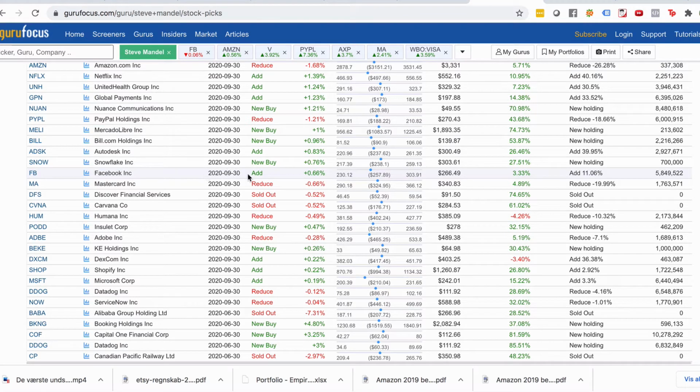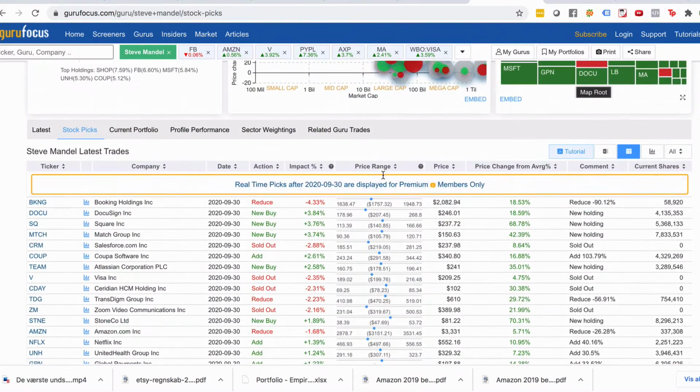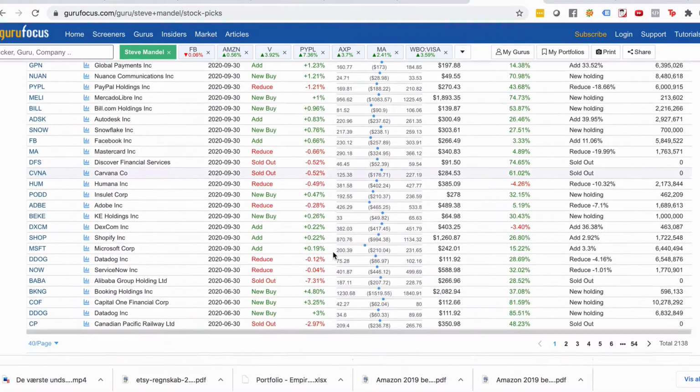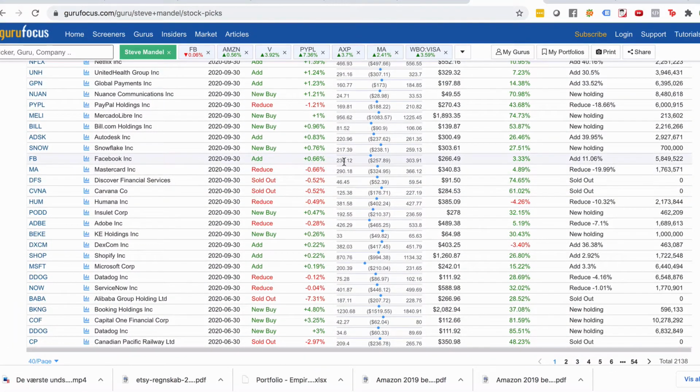So those are his trades from the three months prior to that. Great. Right here it will tell you what the stock was at. If you scroll up, you can see what it says, price range. So this was the price range that Facebook was trading in that time period.